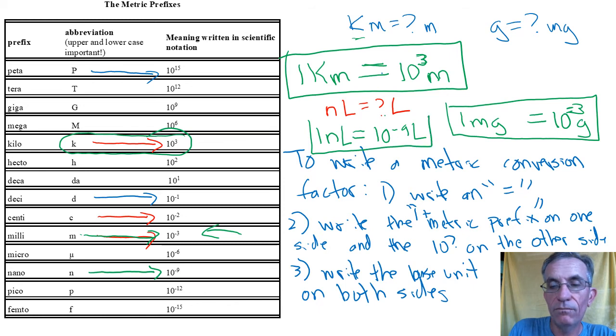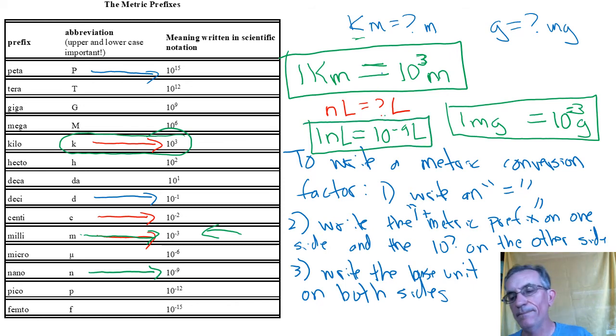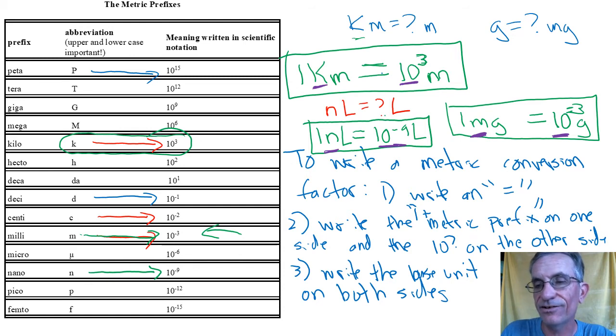We'll see this as we do some actual examples in a minute. The critical thing I want you to realize is that if you write one of these conversion factors correctly, the letter and the number it means always end up on opposite sides. The way you'll know if you've goofed it up is if you put both the number and the letter on the same side.